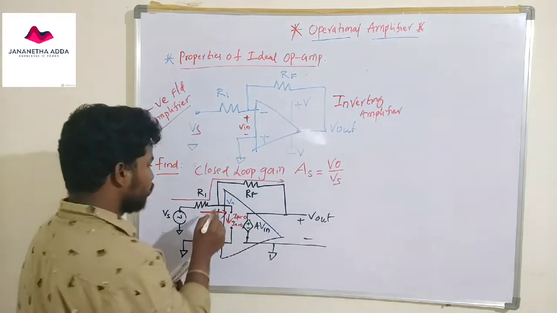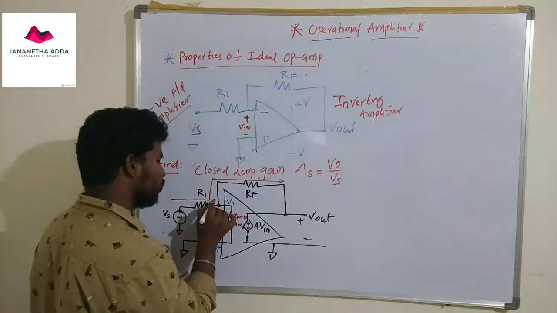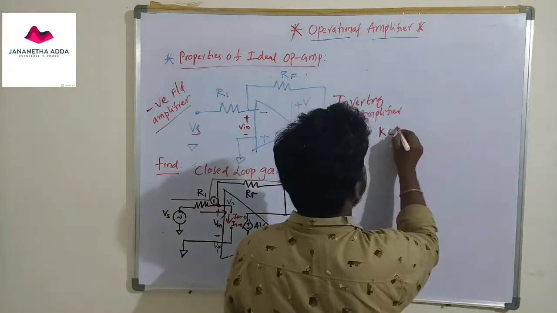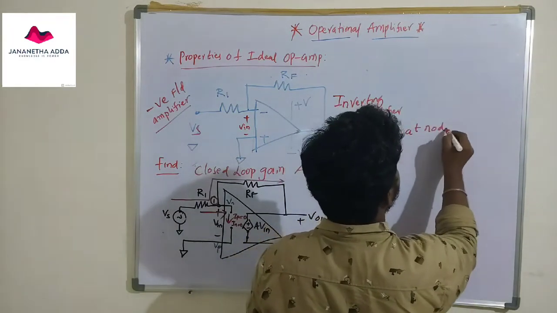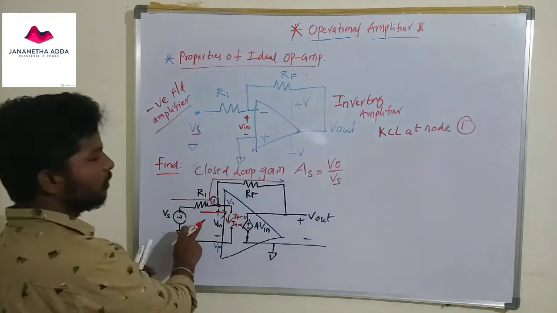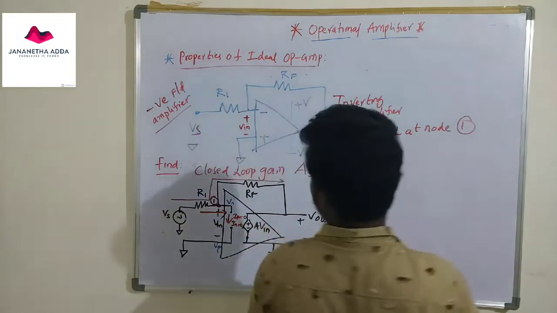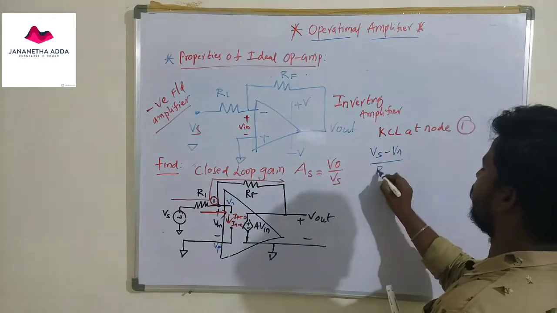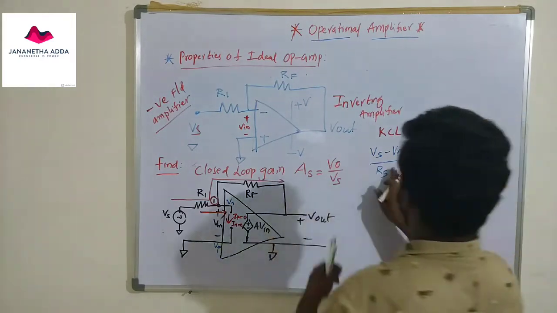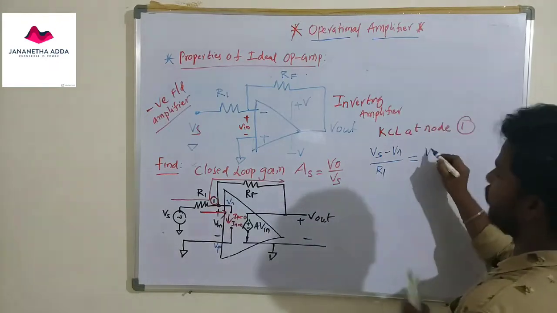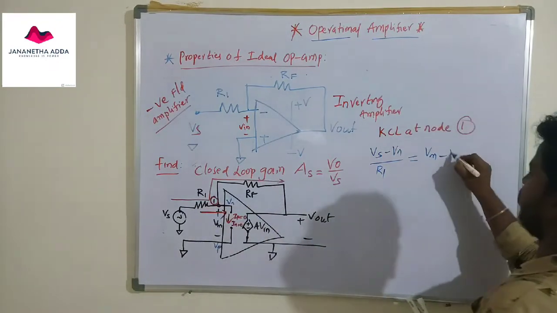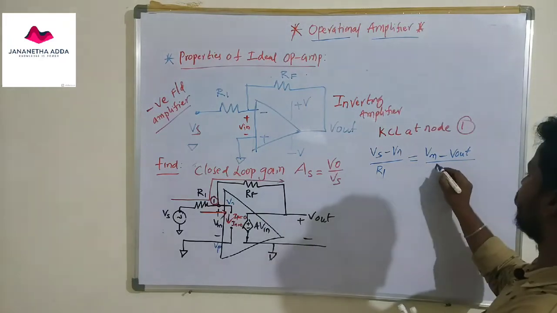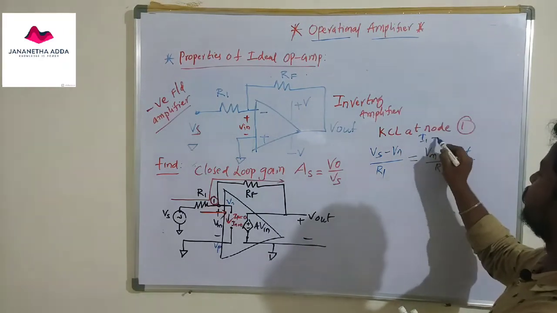If I assume this node as node 1, and apply KCL at node 1, we will get (Vs minus Vn) by R1 equals (Vn minus V output) by RF, because I1 is equal to I2.